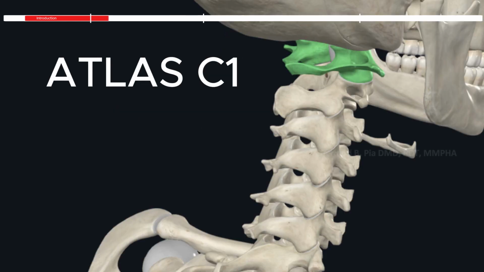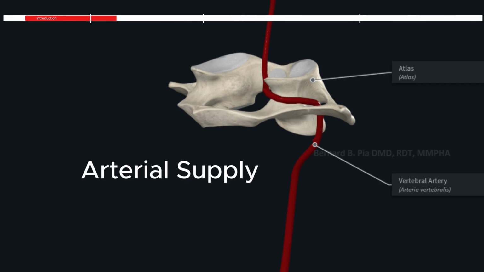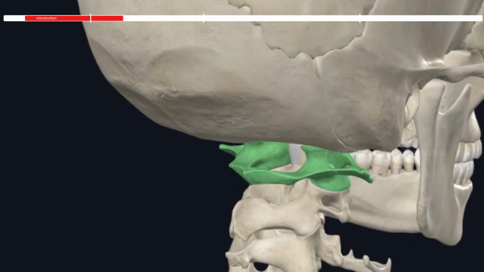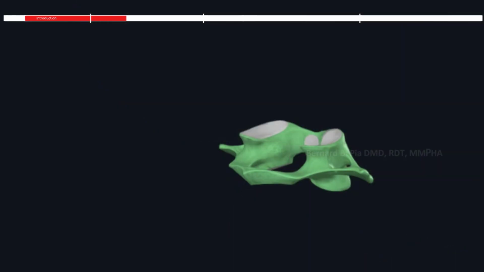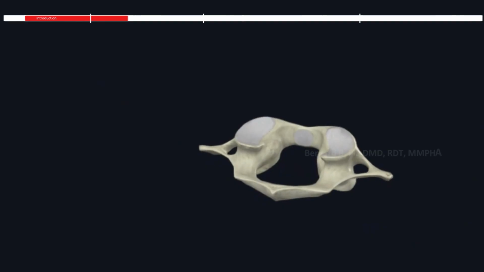Atlas. Quick facts. Location: vertebral column. Bone type: irregular bone. Arterial supply: vertebral arteries. Key features and anatomical relations. The atlas, first cervical vertebra, or vertebra C1, is one of the 7 cervical vertebrae of the vertebral column.